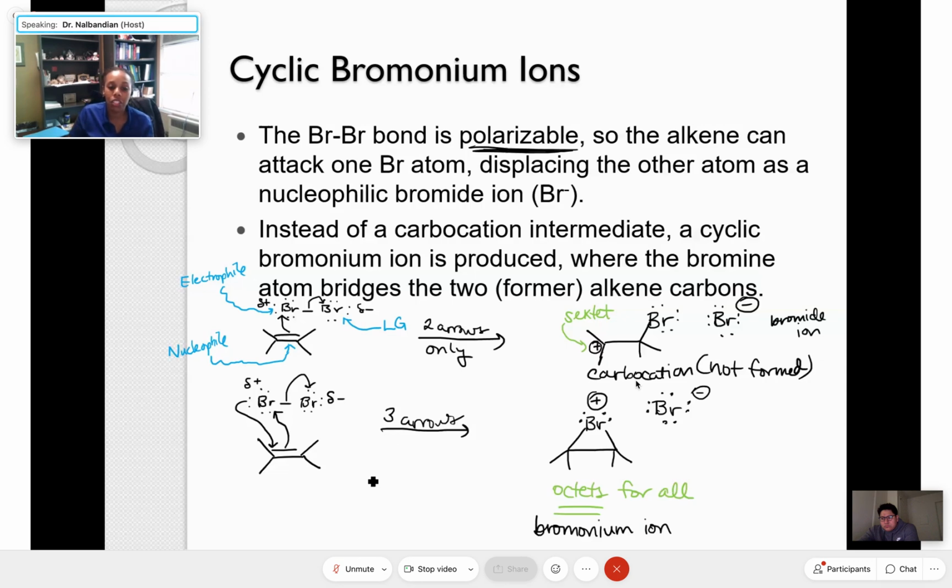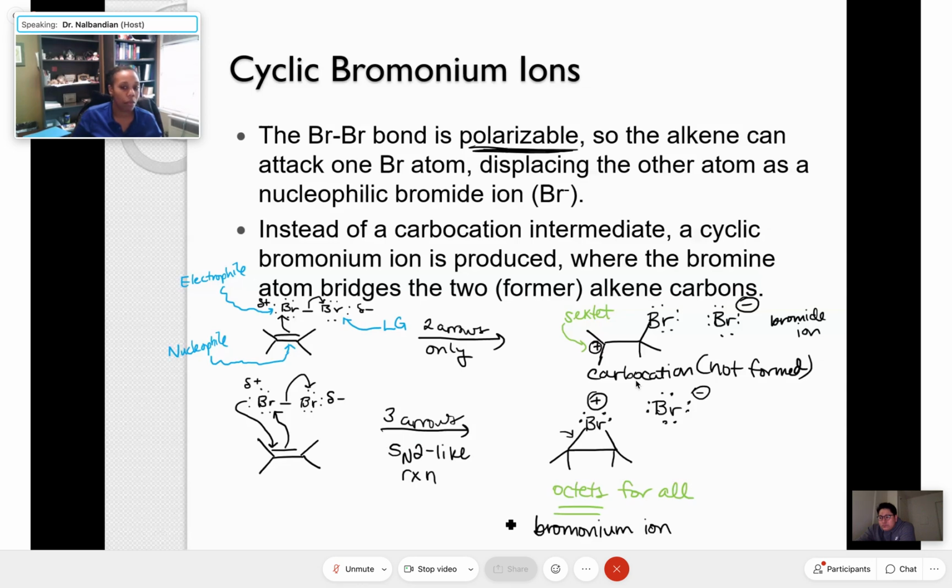So we're doing an SN2-like reaction where we do have our nucleophile attacking the electrophile, leaving group leaving, but we bring in electrons from that electrophile to attack one of the carbons so that we can make this bond right here, so that we end up with full octets for everything. So the bromonium ion allows us to avoid making that electron deficient carbocation.